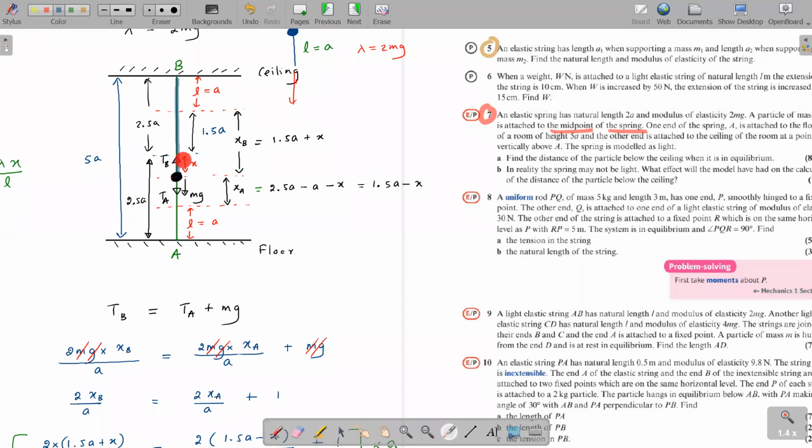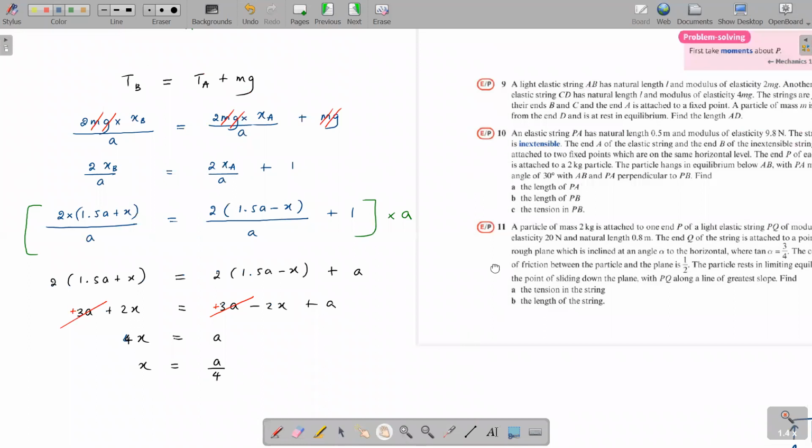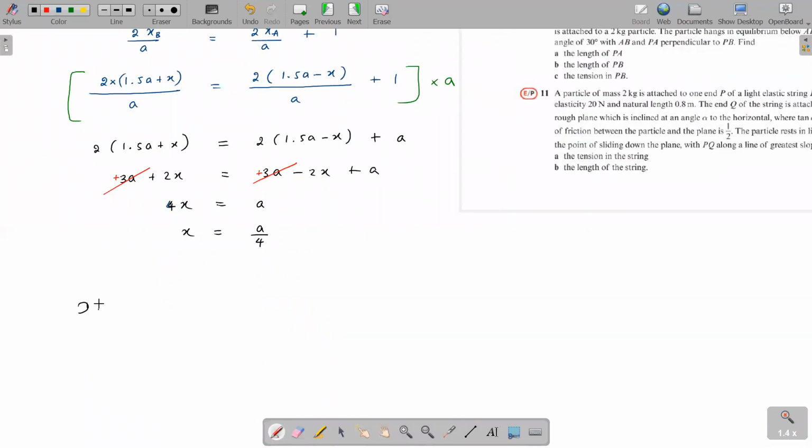It's 2.5a and the x. Can you see, according to my diagram, it's 2.5a plus x, and we get the distance of the particle below the ceiling. So you can write: distance of particle below ceiling is 2.5a plus x.